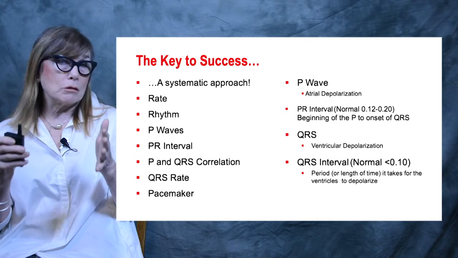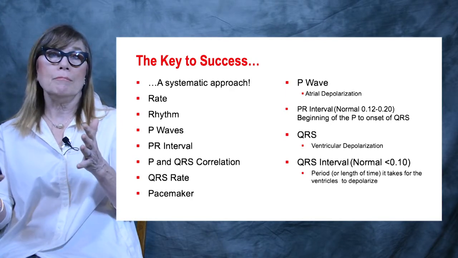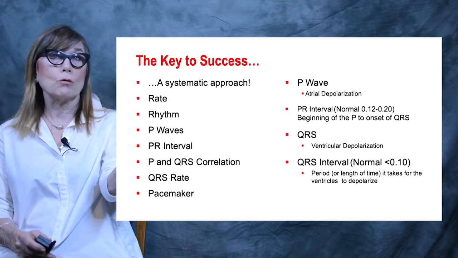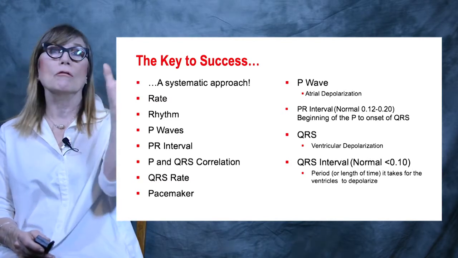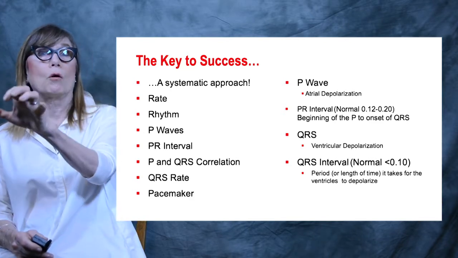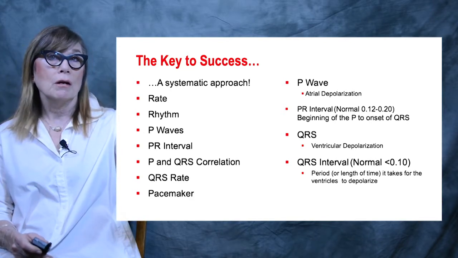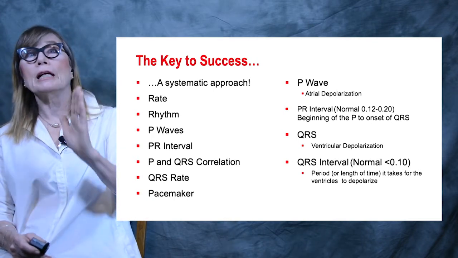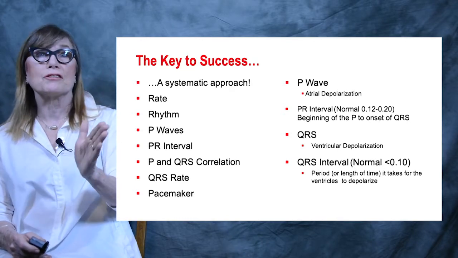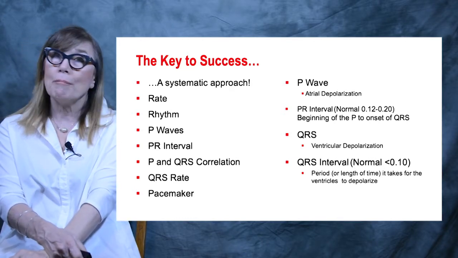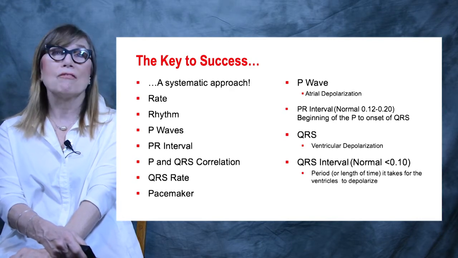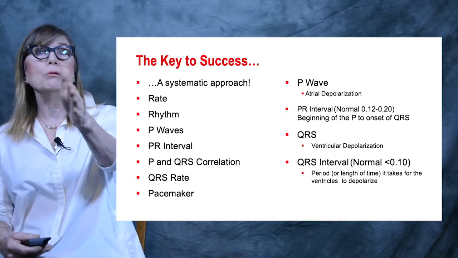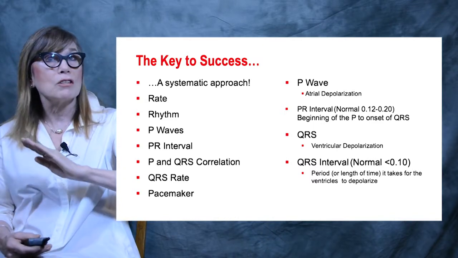To look at the patient's heart rate and the patient's rhythm, to look at P to P to P to P and make sure that that interval from first P to second P to third P to fourth P is always constant. To look at the PR interval from the beginning of the P wave to the QRS and making sure that is always constant. And then, by the way, making sure every P and PR is followed by a QRS. And that the QRS, QRS 1 to QRS 2 to QRS 3, is always constant.